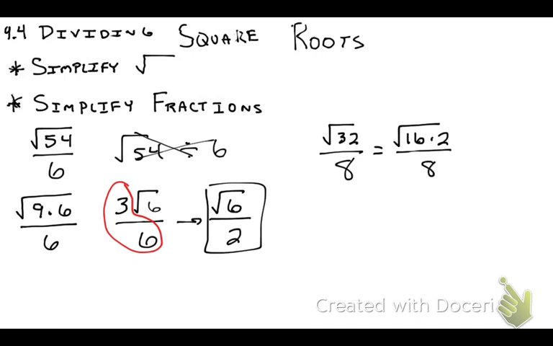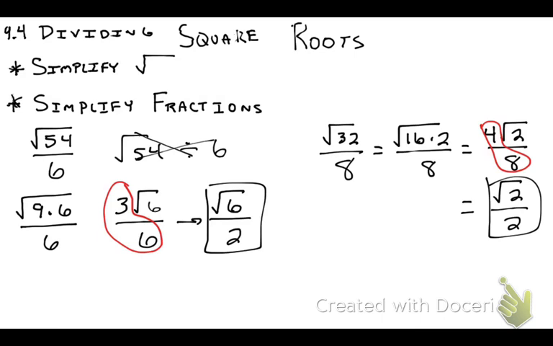And all that would stay over 8. And the square root of 16 is 4. So this would be 4 root 2 over 8. And the stuff outside the square root, I'm going to circle it in red. 4/8 is what I can reduce. And 4 over 8 is also 1/2. So this is just 1 square root of 2 over 2.